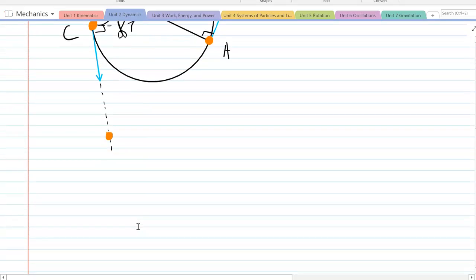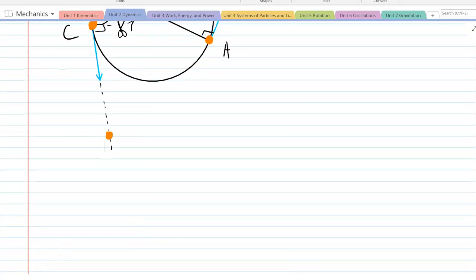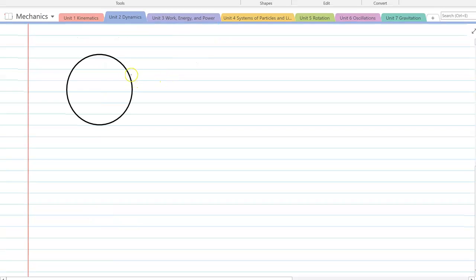And now the second thing we want to talk about is the acceleration. Let me just draw another circle here. Here I have a circle, and we want to find the acceleration. And remember, acceleration is defined to be the change in velocity as time passes, otherwise known as the derivative of velocity with respect to time.